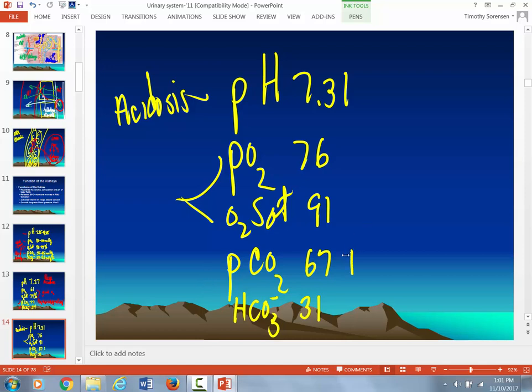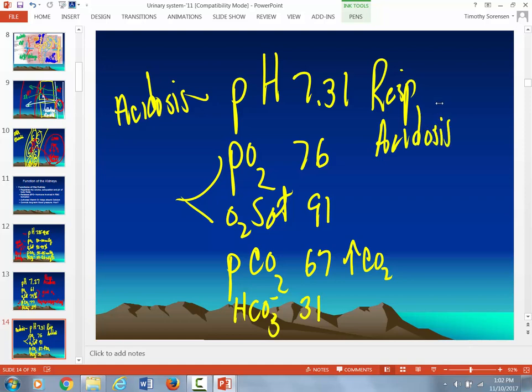So all you really have to think about is CO2 is an acid, right? So if you elevate the PCO2, that's going to drop the pH. So this is a respiratory acidosis. Say yes. Then you look at the bicarbonate. The only system that can compensate, at least initially, for a respiratory acidosis is the kidneys.